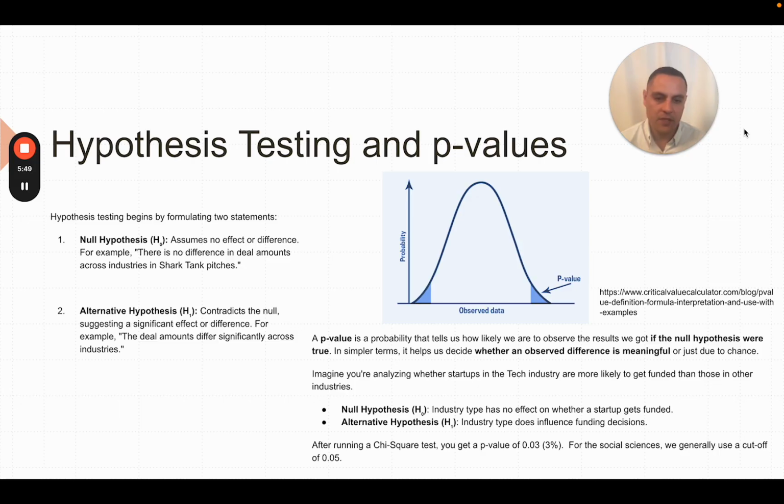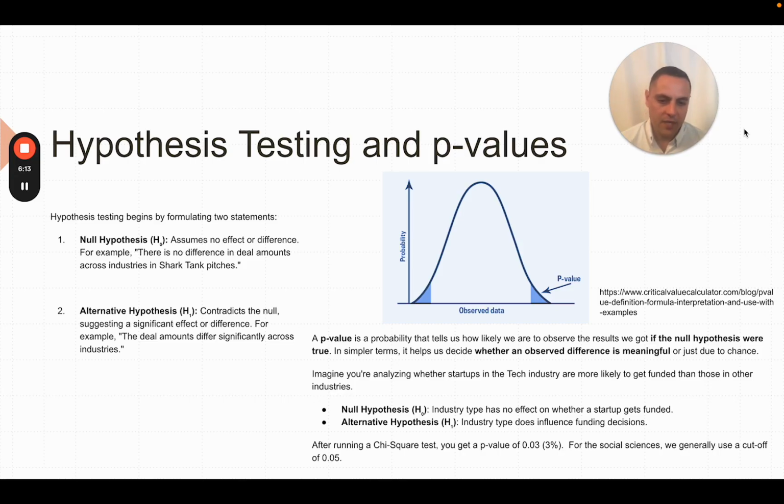Think about an example with startups. If we're analyzing startups in the tech industry and we're trying to understand whether startups in tech are more likely to get funded than those in other industries, we might have a null hypothesis where industry type has no effect on whether the startup gets funded. Alternatively, it does influence funding.